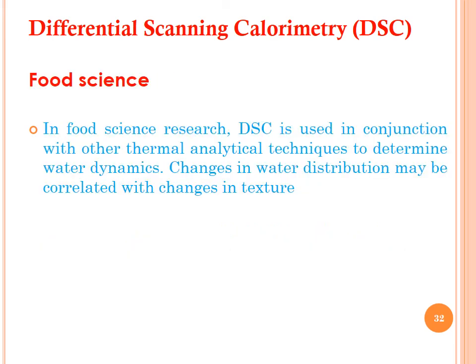Food science. In food science, DSC is also used for the analysis of different food items. In food science research, DSC is used in conjunction with other thermal analytical techniques to determine water dynamics. Changes in water distribution may be correlated with changes in texture.